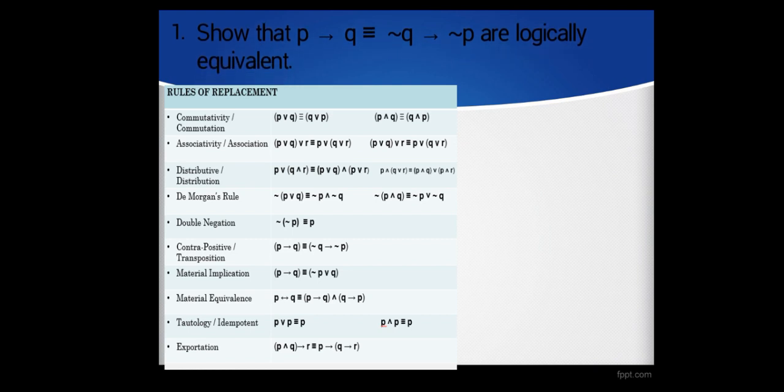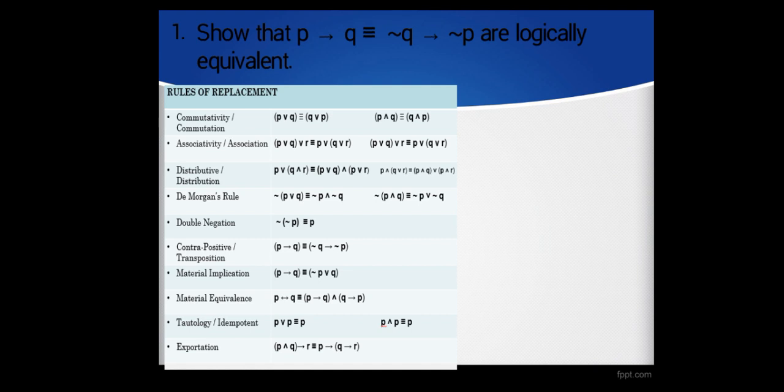For example number one, show that P implies Q is equivalent to not Q implies not P, that they are logically equivalent. We will prove this one.